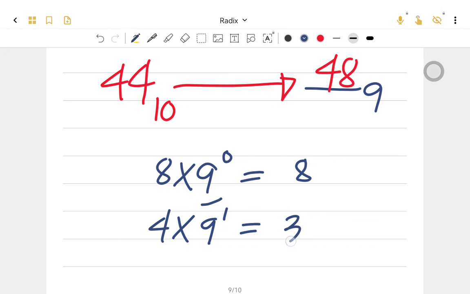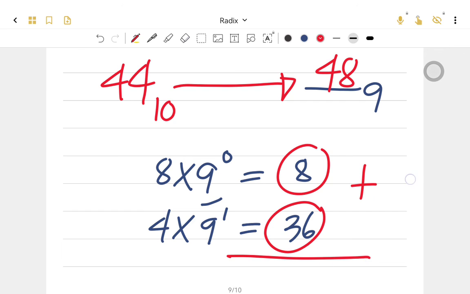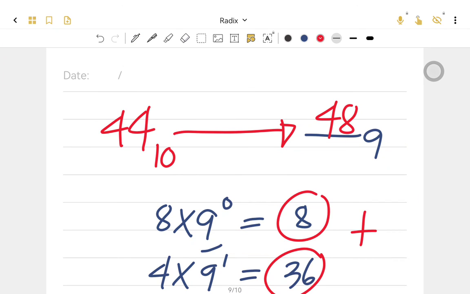We have 36. And then 8 plus 36, that will give you how much? 44. Therefore, the answer 48 with the base of 9 is correct. Okay, this is correct.